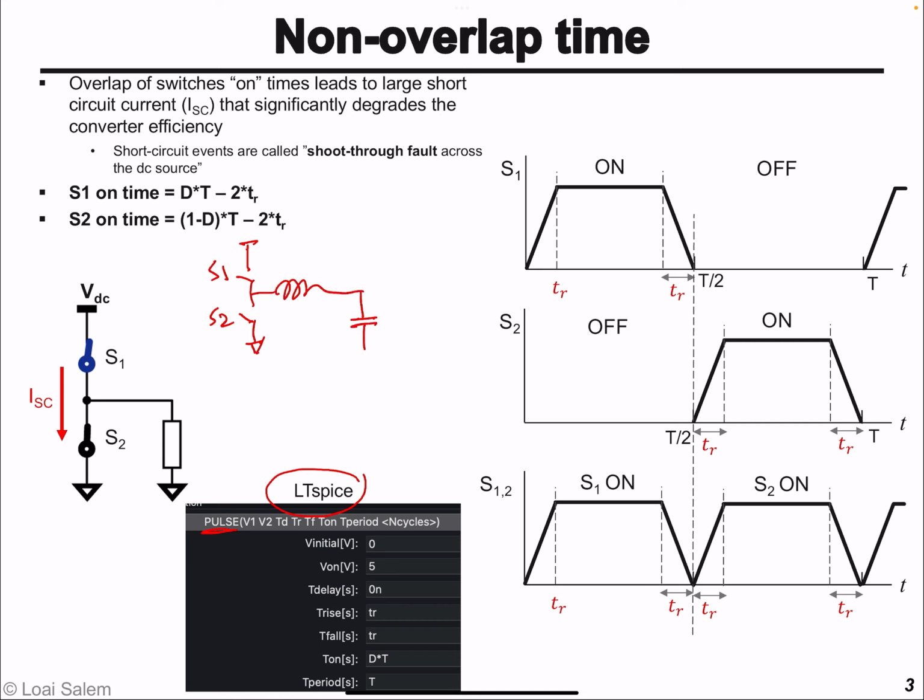And then we have the decoupling cap, the load resistor, R, C, and L. And to drive these switches S1 and S2, we need pulse signal, which is essentially a clock signal in LT-SPICE. Pulse 1 and pulse 2.